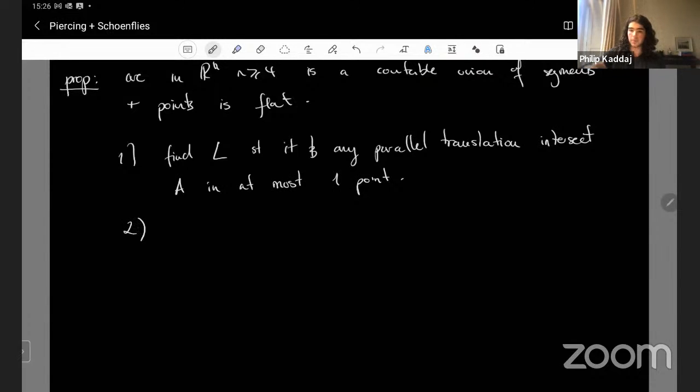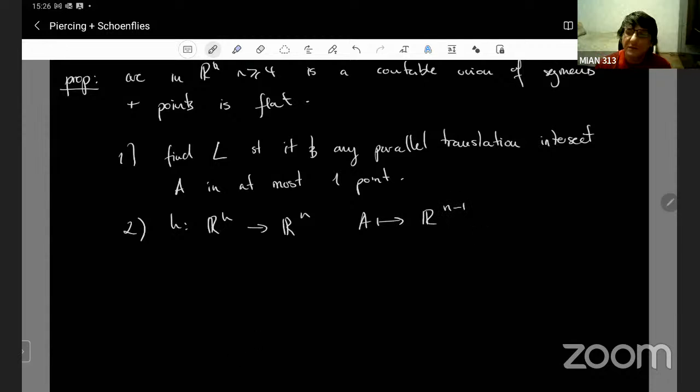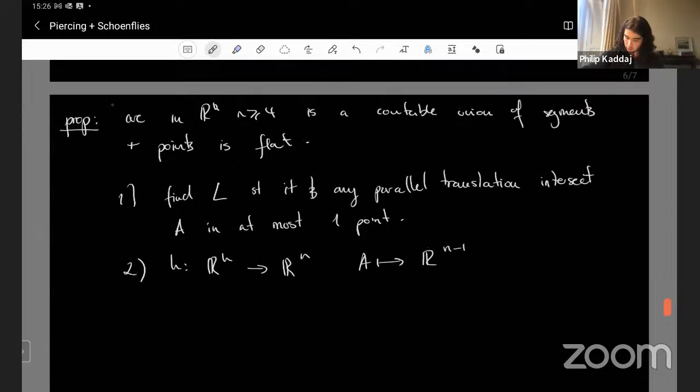Then using this, we find a homeomorphism of Rn to Rn, which takes A to some hyperplane. Is A your arc? Yes. And in step 1, what is L? It's a straight line. Okay.